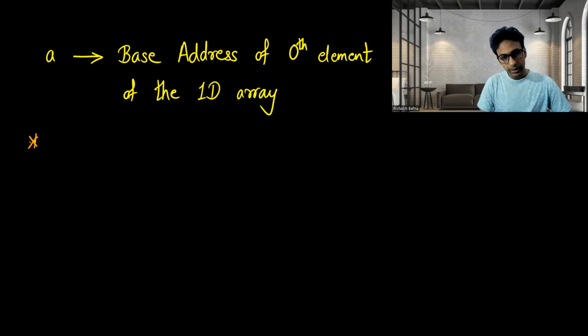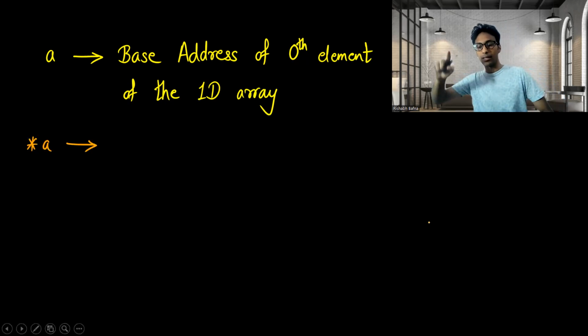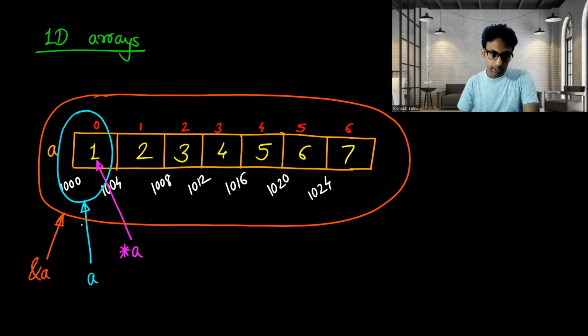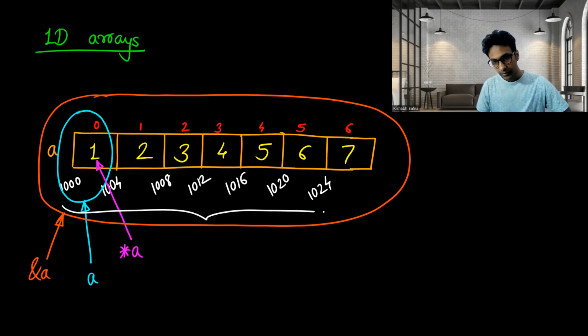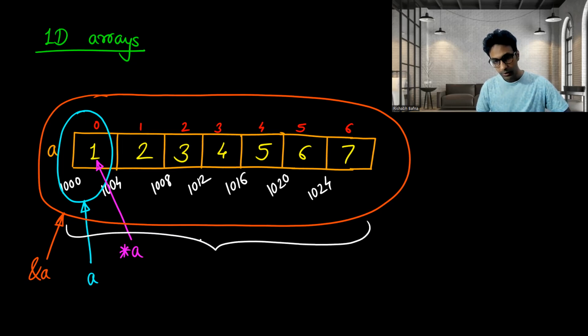What will be *A? Star means what? Go one level inside. See, A is the base address of the 0th element of the 1D array. If you put a star, you'll go one level inside. Okay, *A means what? Value of the 0th element of the entire 1D array. So this is a 1D array, isn't it? This entire thing is actually a 1D array.